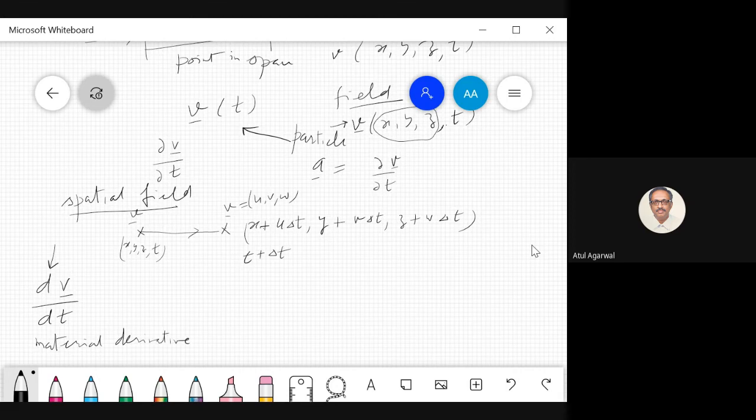You want acceleration of a particle only, while the field is given spatial. Because Newton's laws apply to a particle. You have a fluid, you catch hold of a particle, it goes around. You have to find its acceleration. And what you are given is spatial description of velocity. So how do you find it? You see velocity is a function of x, y, z, t. So you can write del V by del t.